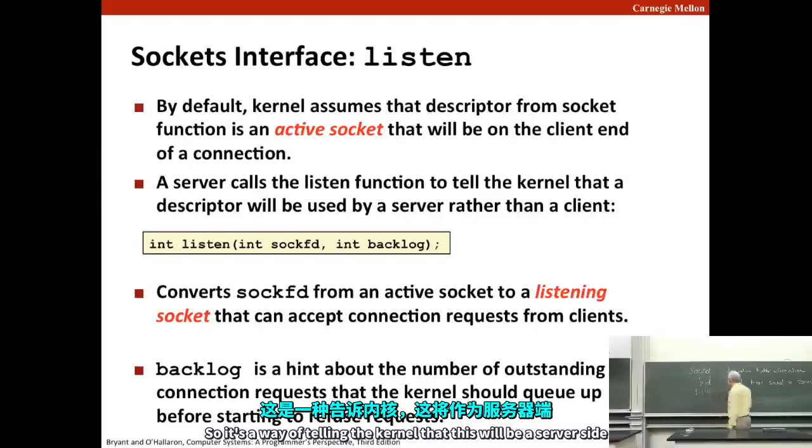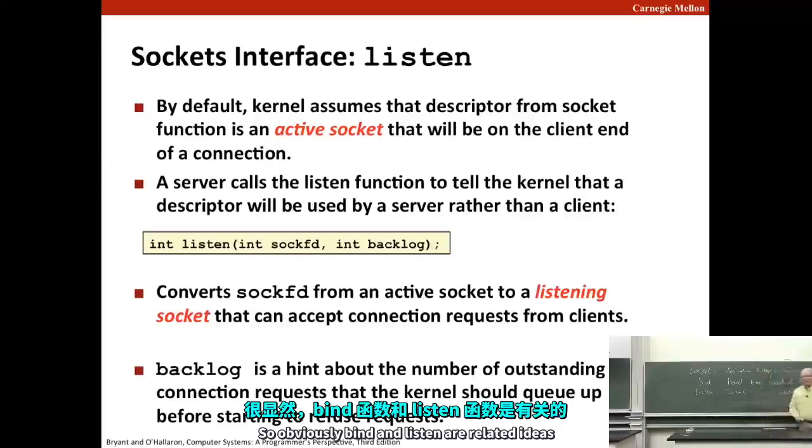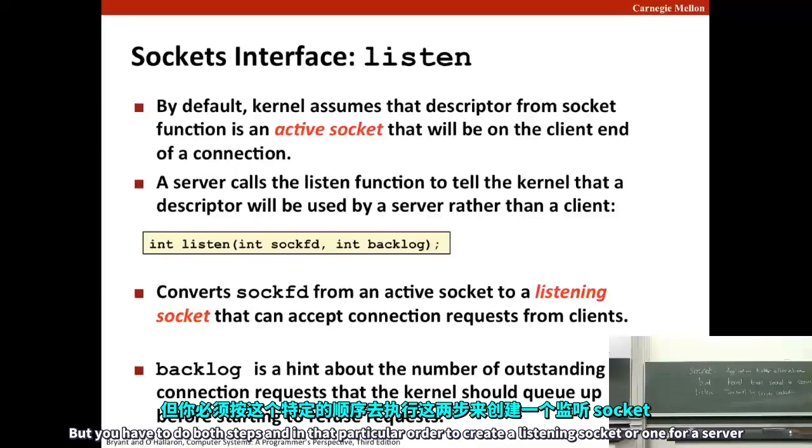So it's a way of telling the kernel that this will be a server socket. Obviously, bind and listen are related ideas, but you have to do both steps, and in that particular order, to create a listening socket, or one for a server.